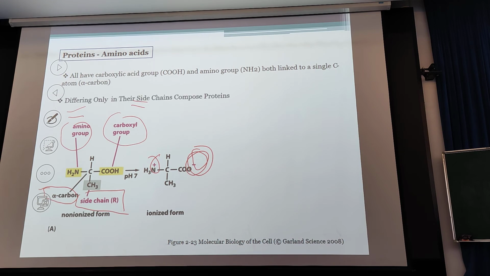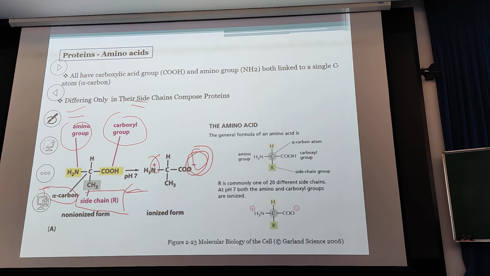Here you have the side chain R. R is commonly one of 20 different side chains. Here we have 20 different amino acids with 20 different side chains, and at pH 7 the amino and carboxyl groups are ionized.